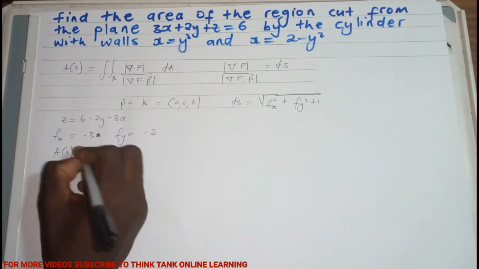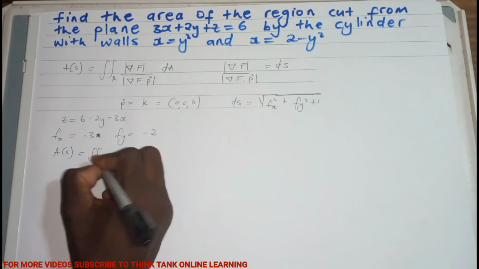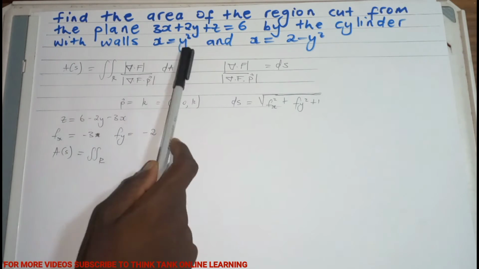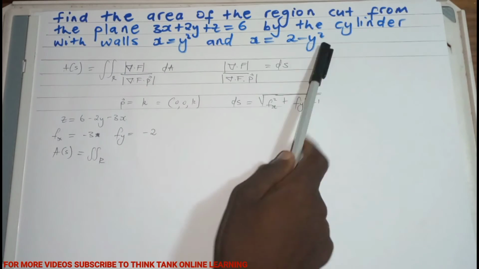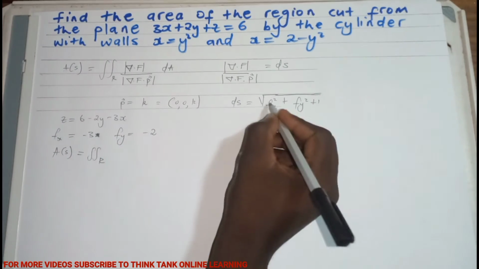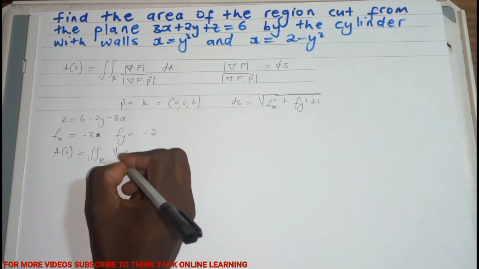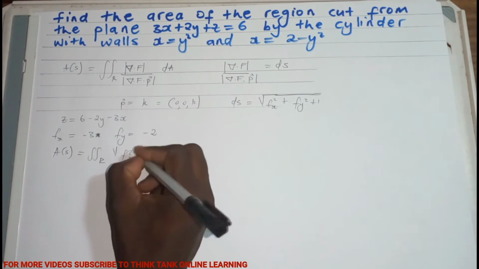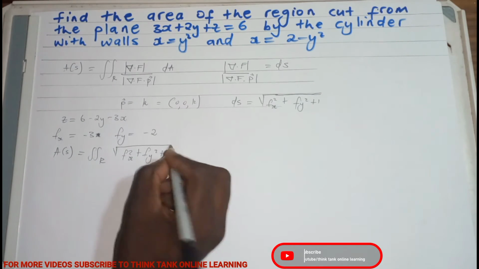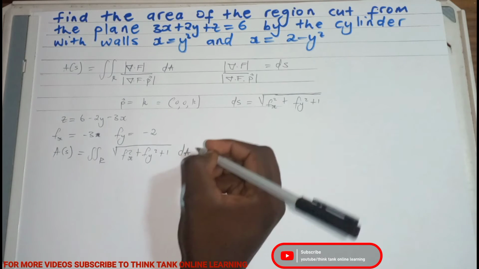That means the area is equal to the double integral over the region, and the region is bounded by the walls of this cylinder x = y² and x = 2 − y², of dS, which is equal to the square root of fx squared plus fy squared plus 1, dA.